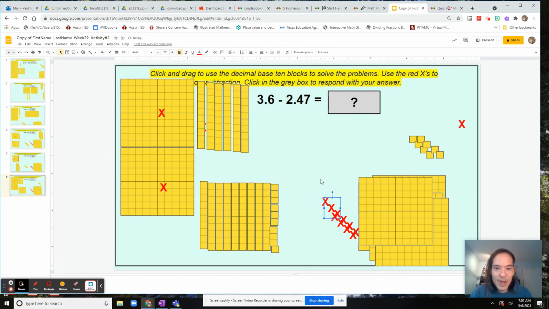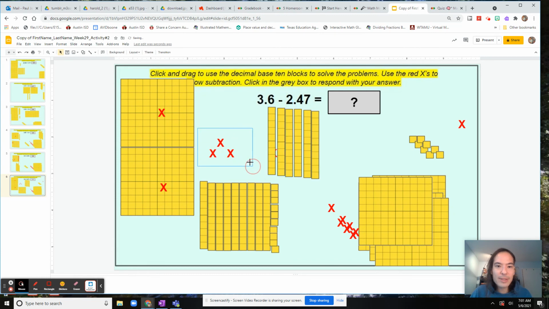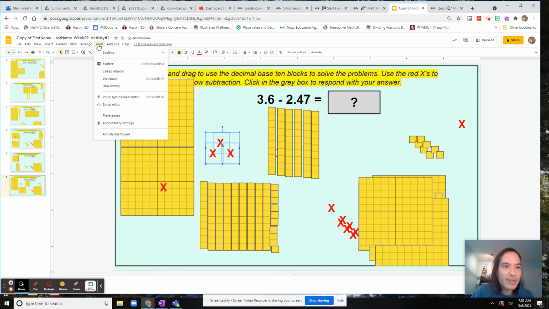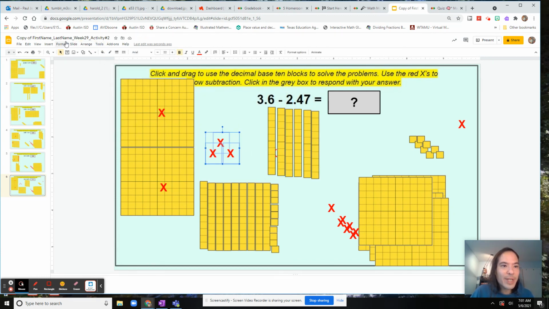Okay, so what we're gonna do, I'm gonna take away 1, 2, 3, 4. All right, so here's the problem. I'm gonna move all these X's to the top layer. This is not the funnest thing that we've had to do. Format. Let's see. Slide. Others. Align. Nope. Center.